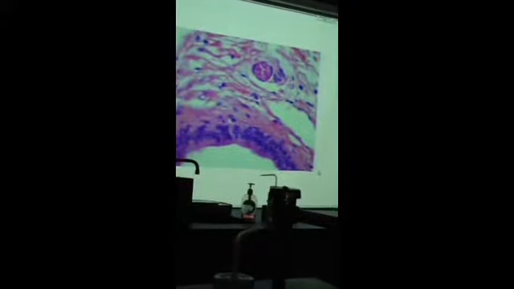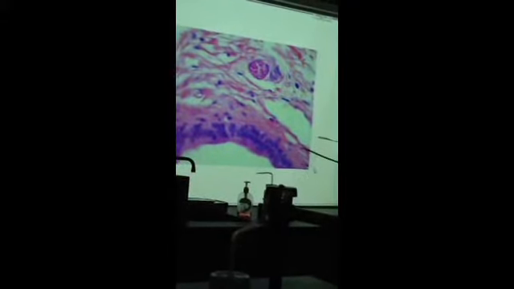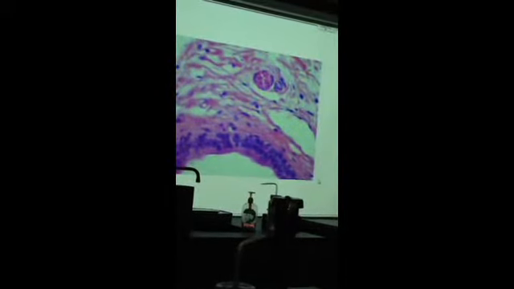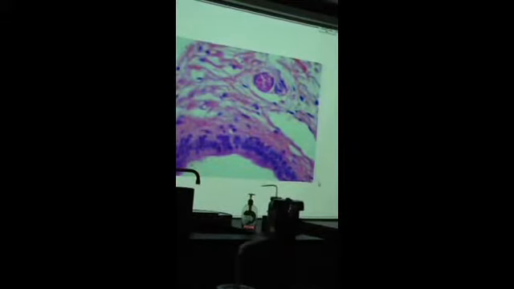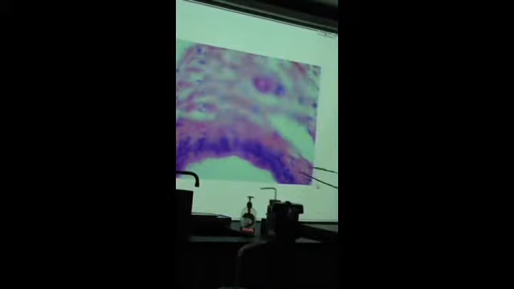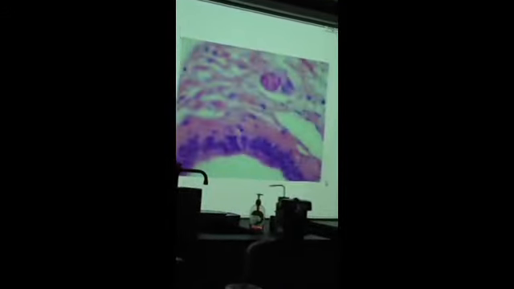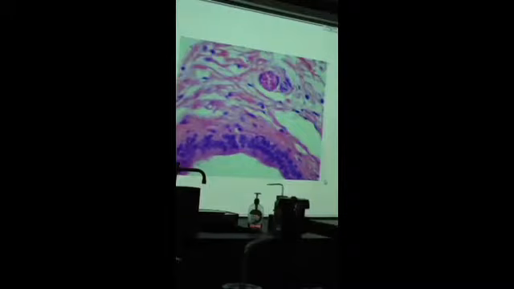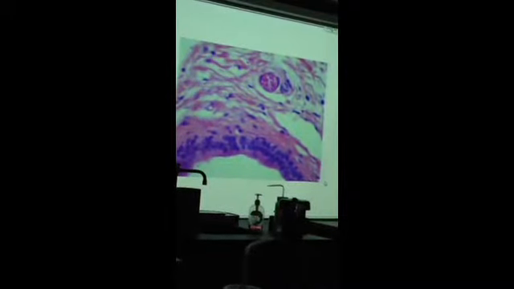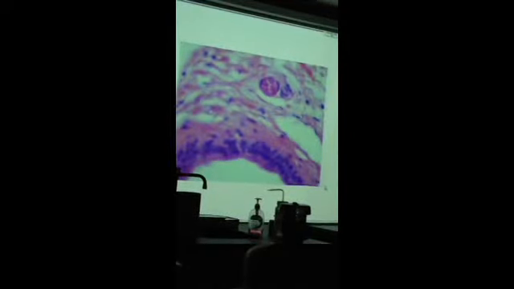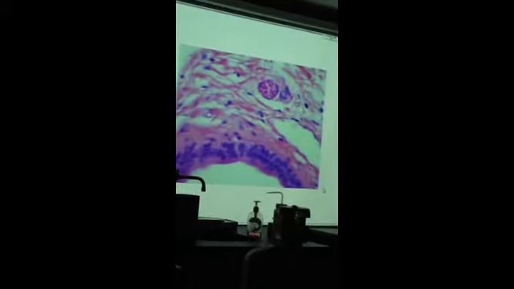Since they're stratified, the small ones are usually simple cuboidal. These in the submandibular tend to be stratified columnar, which is unusual. You don't see that much in the body. So large salivary gland ducts, the submandibular tends to be stratified columnar. You can see more than one layer here of nuclei. You also see that nuclei are generally oval in shape, indicating column-shaped cells. So stratified columnar epithelium in the ducts. Here's a tiny blood vessel. See the blood cells in it.